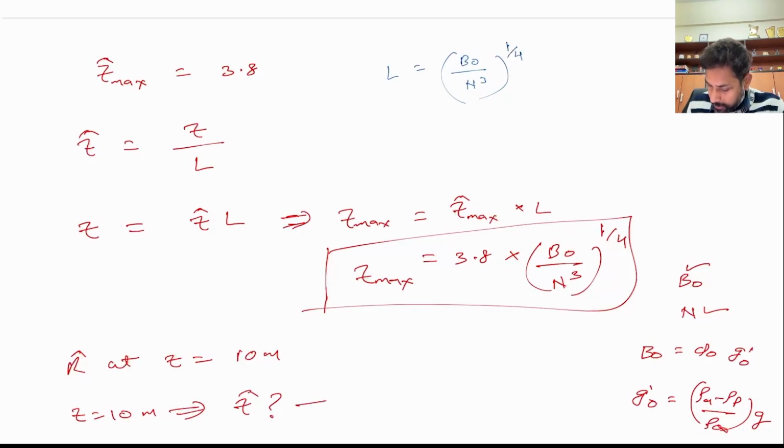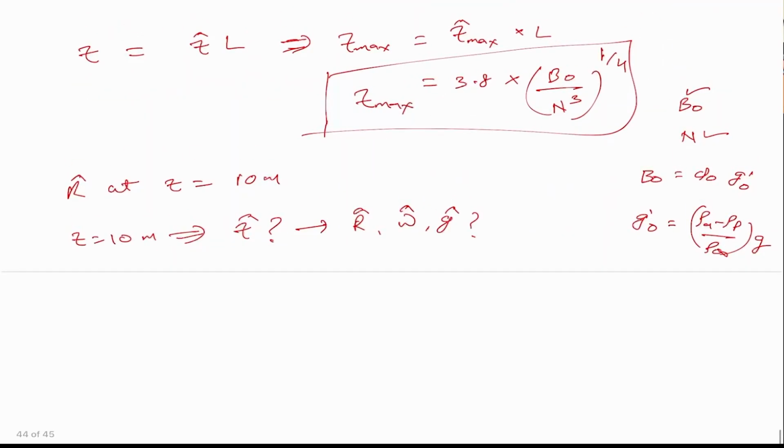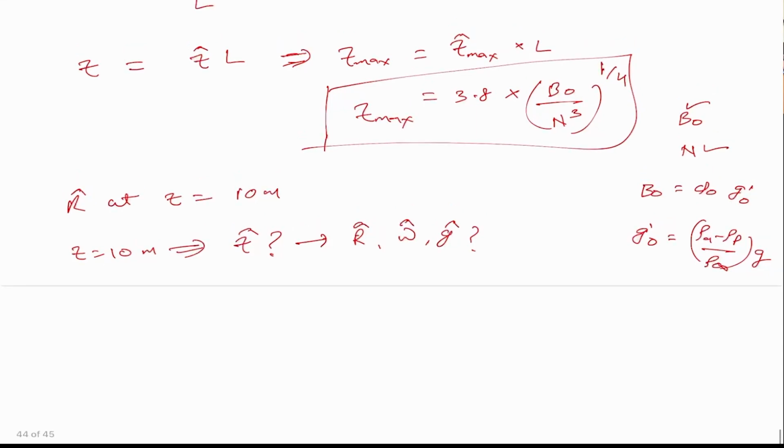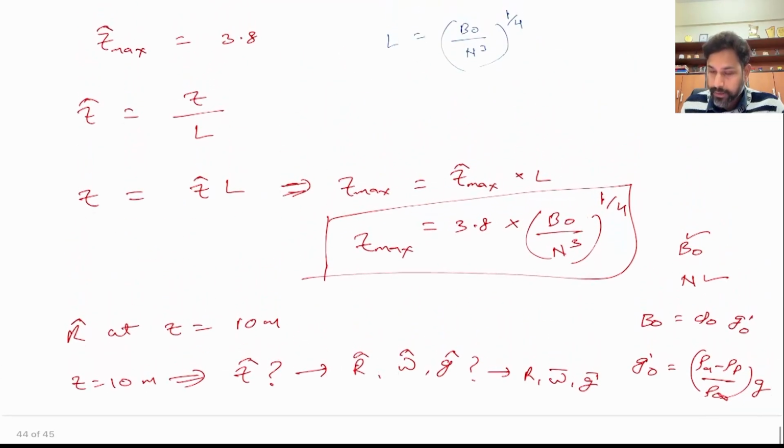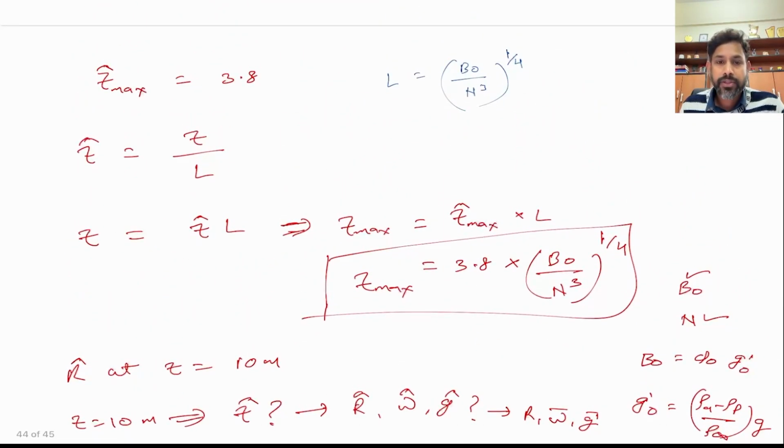At that Z hat, see what your R hat, W hat, and maybe also G hat are. And once you have R hat, W hat, G hat at that particular height, you convert them back to R, W and G using the formulas that we have derived. Okay, so it is very straightforward, but this is the solution for the plume in a stratified medium.